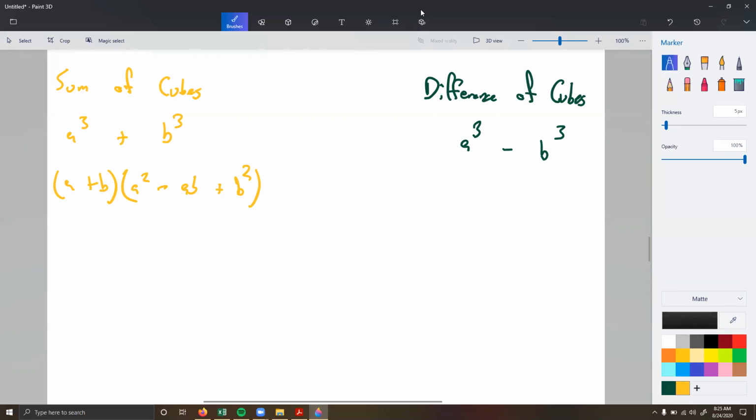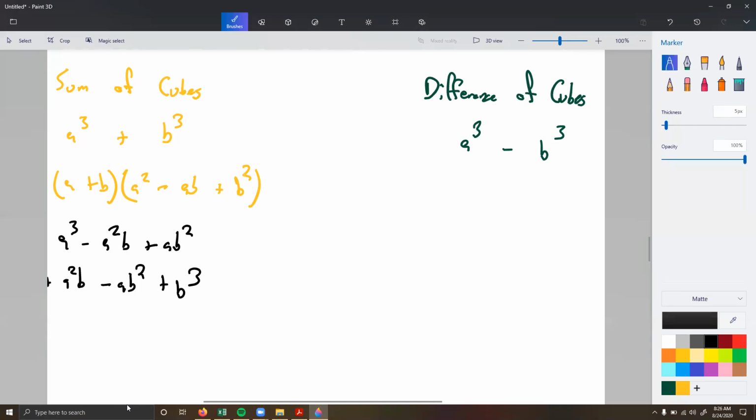We got two critters over here, I got three of them over here, but basically you end up with a cubed minus, this is optional, you don't have to write this if you don't want to, this is just proof that it works, minus a squared b plus ab squared plus a squared b, minus ab squared plus b cubed.